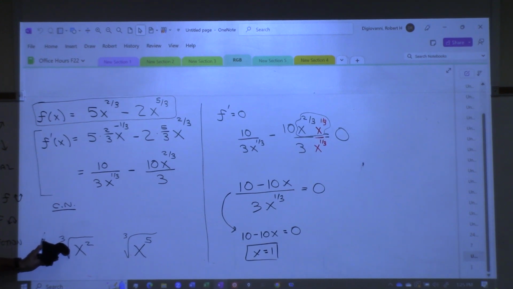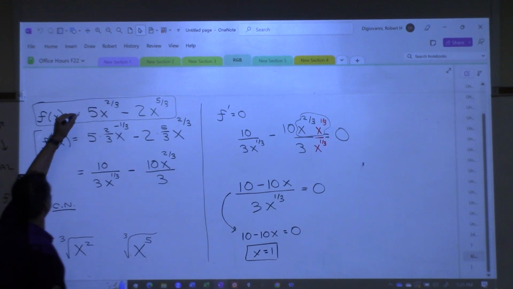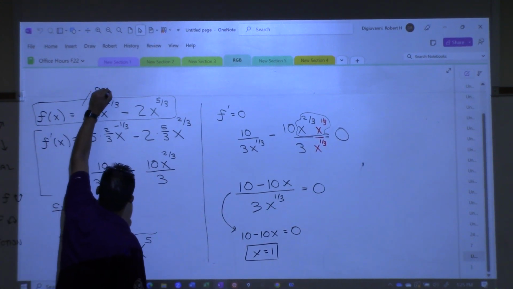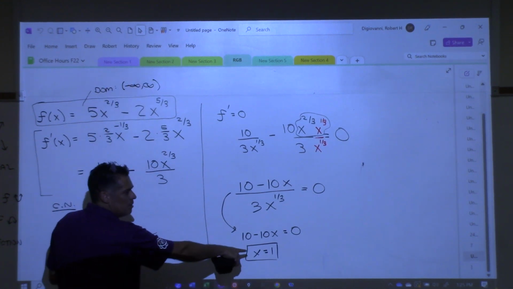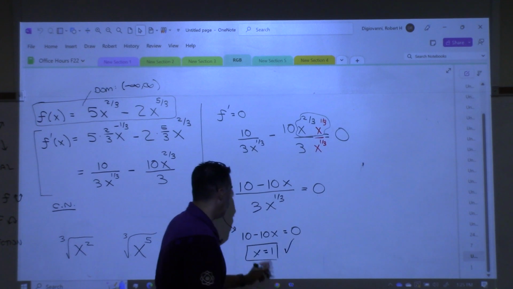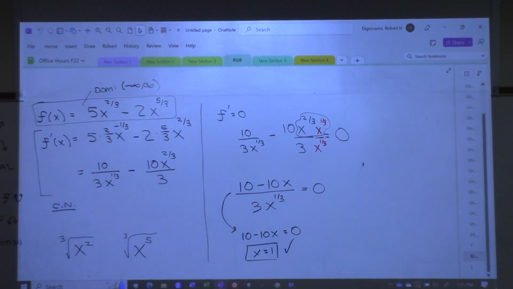Do y'all agree? So the domain of that is everything. There's no restrictions. So if you want to, you can put here, domain of this is all real numbers, right? So this critical number is good because 1 is in that domain. Good, yes?